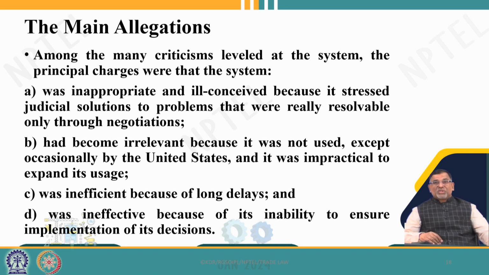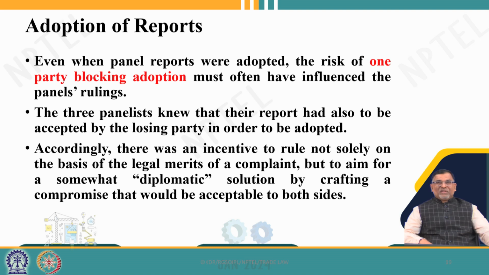There is no procedure for implementation of the reports, even though most of the members, 8 out of 10, changed their measures. And positive consensus leads to one party blocking adoption of all the reports, even those of 3 panelists or 5 panelists. So even the losing party can block, which we talked about.